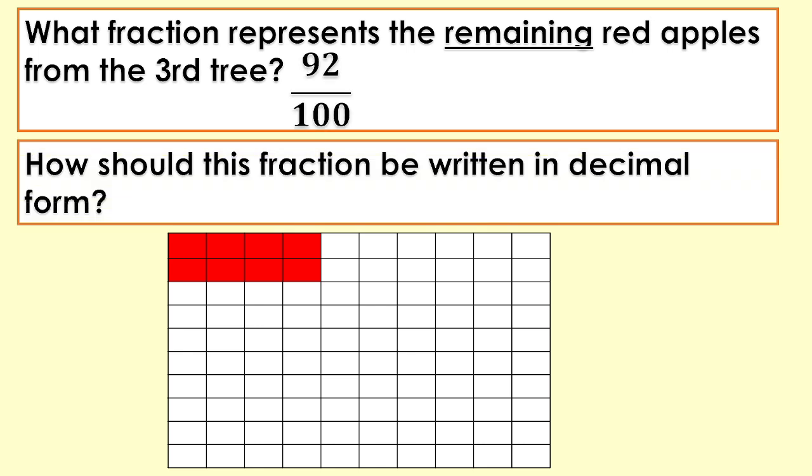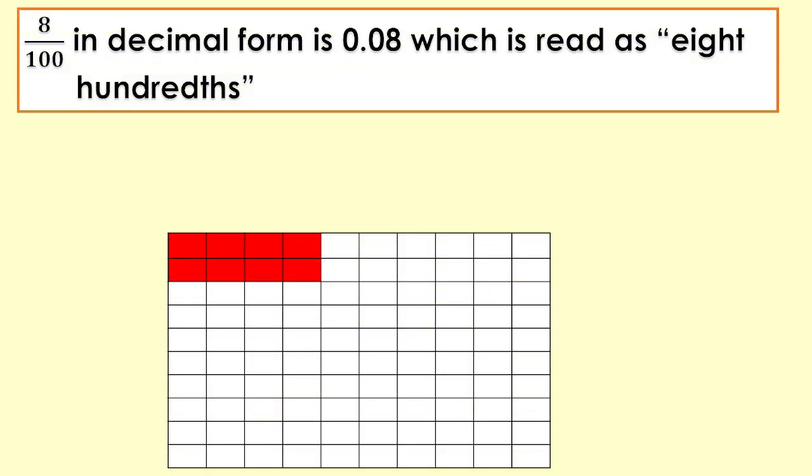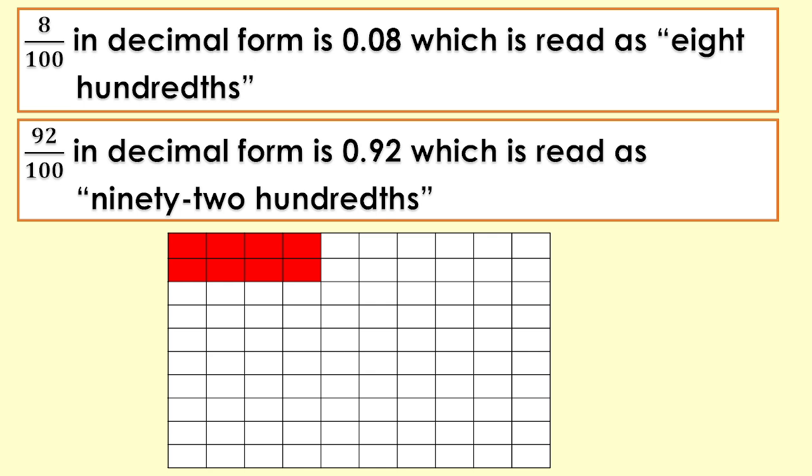How should this fraction be written in decimal form? 8 hundredths in decimal form is 0.08, which is read as 8 hundredths. 92 hundredths in decimal form is 0.92, which is read as 92 hundredths.